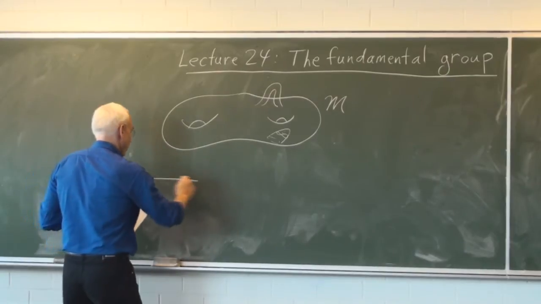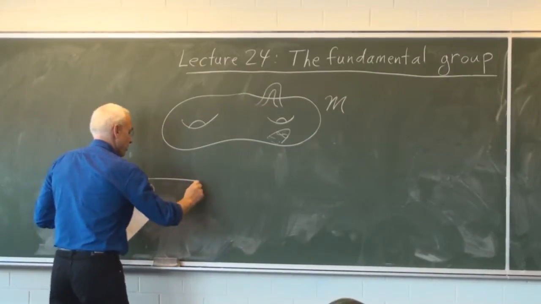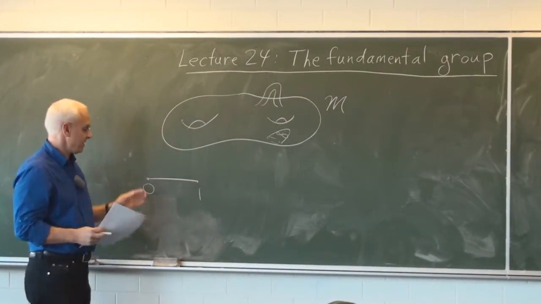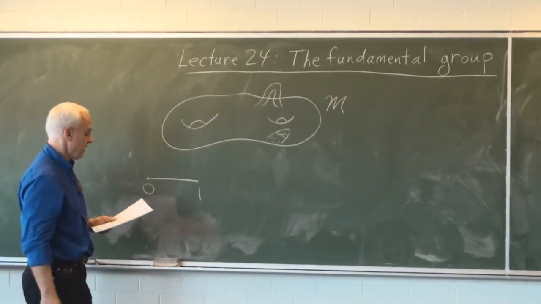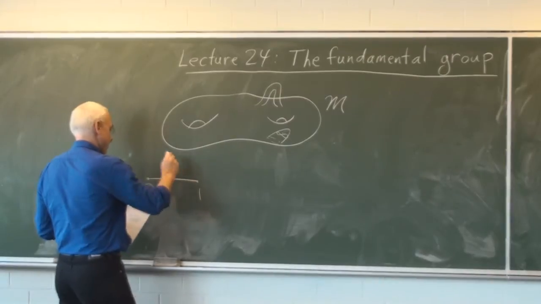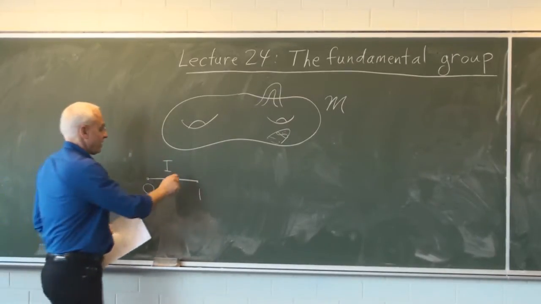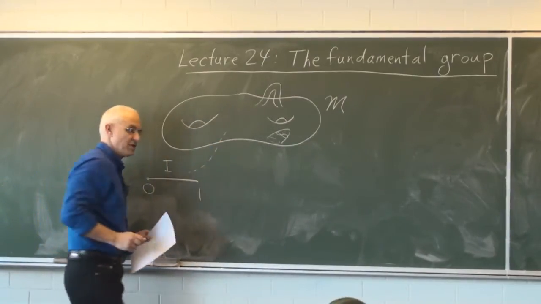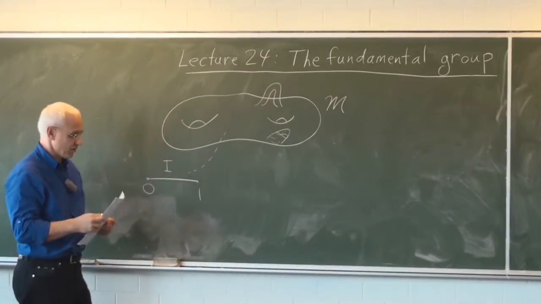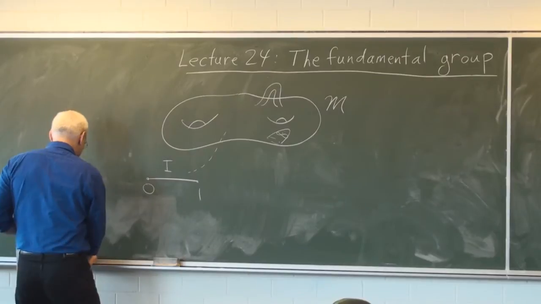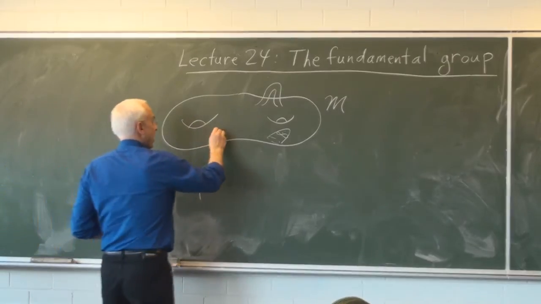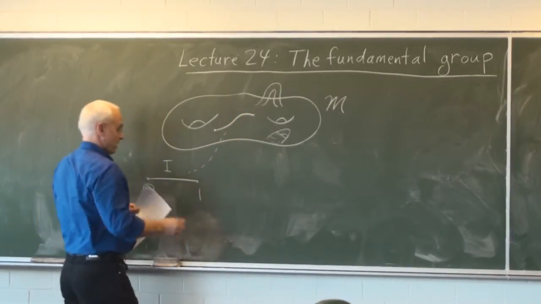So we start with our standard interval, which we just assume is the standard unit interval from 0 to 1 on the line, and let's call that I. We're going to be looking at maps or functions from this interval into our surface. So the image of such a map will be a path in the surface.